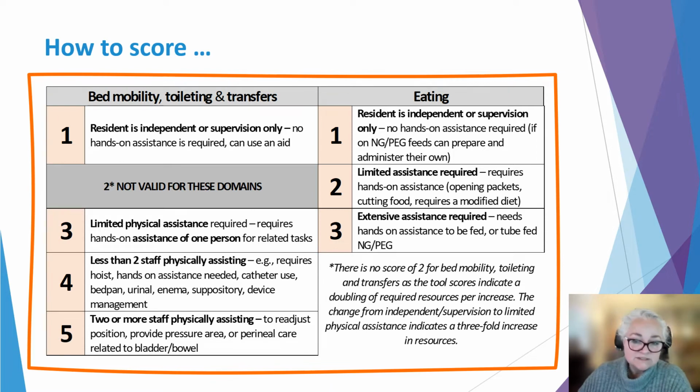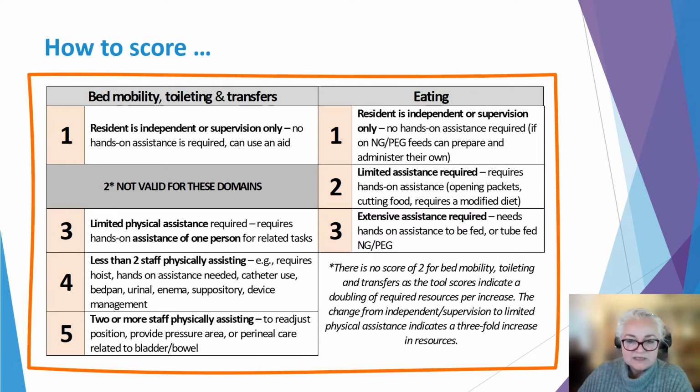They may have continence aids, they may require assistance from a mobility aid like a frame to be able to transfer. They may have difficulty moving up in bed, but they can actually do that on their own. They may have complex food needs like modified diets, peg feeds, nasogastric tube feeds, but they can do all of that on their own. If that is happening, the person will score 1.